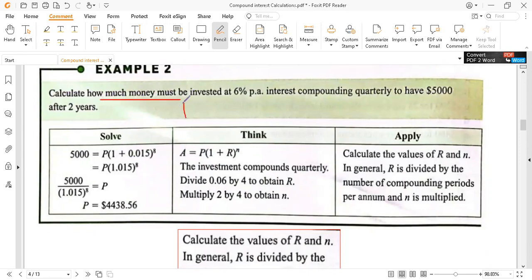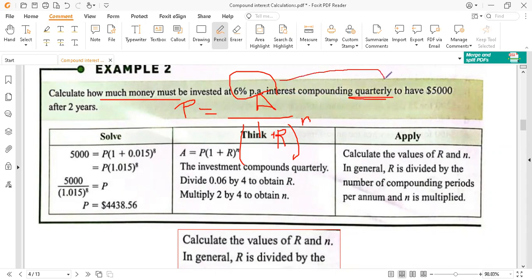We want the principal, which equals A over (1 plus big R) exponent n. But we have 6% per annum, interest compounded quarterly, and 5,000 over 2 years.